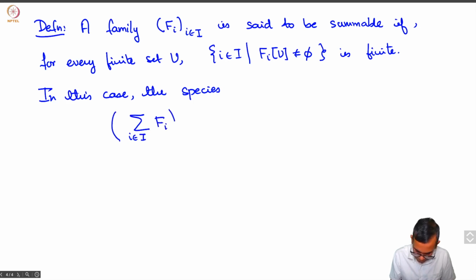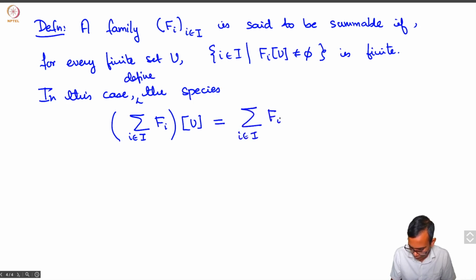This species is defined by, so I should say define the species, the summation over i in I of F_i(U), where by this I mean the disjoint union of the family of sets F_i(U).